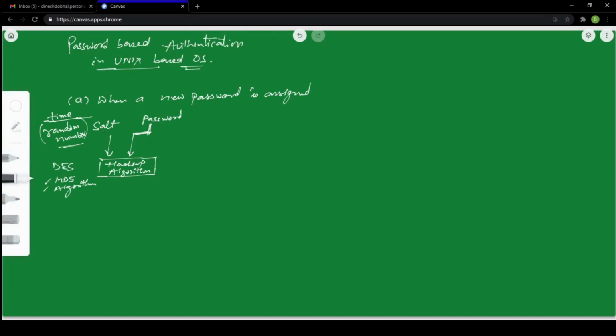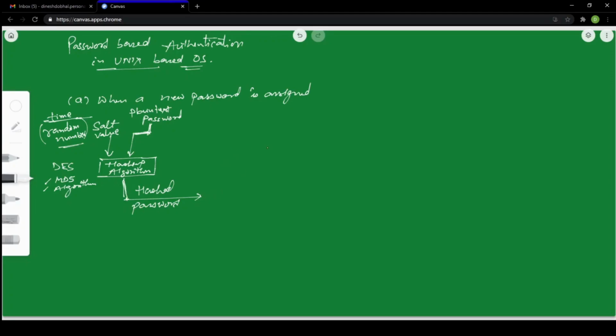But now in the modern system, this is a pseudo random number. So when this salt value and the user plain text password are given to this hashing algorithm, it will produce a hashed password, which is almost impossible to be cracked or read by an intruder.